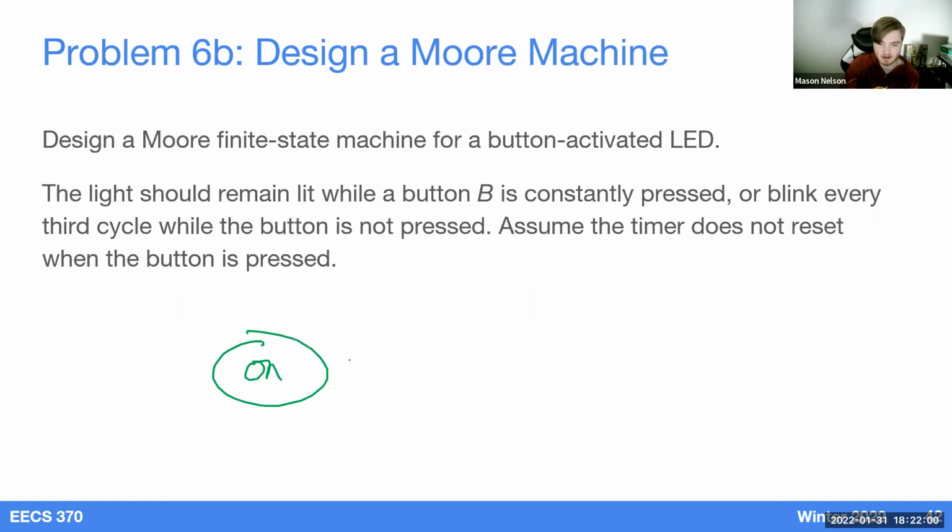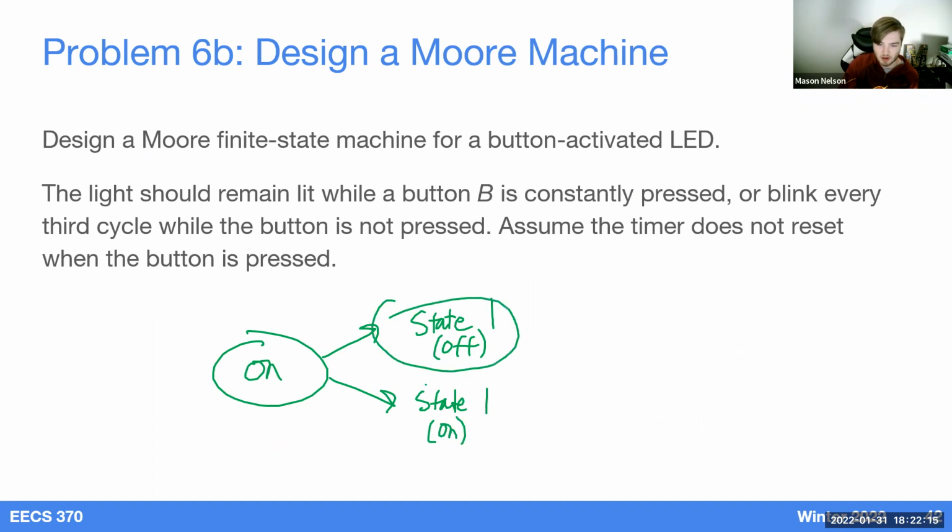So we have our on state. We could then move to any of the original state 1. So I'll call this state 1 off maybe, and state 1 on. And then we'll also have state 2 off and state 2 on.